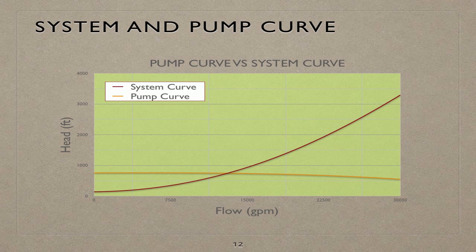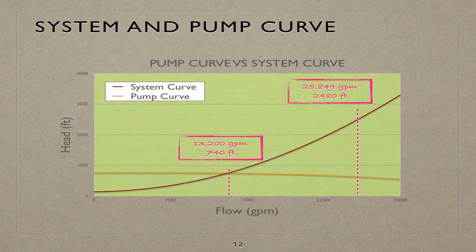If both the pump curve with the ideal impeller and speed and the system curve are plotted on the same graph, the steady-state flow rate will be where the pump curve, which is head supplied, and the system curve, which is head consumed, intersect.